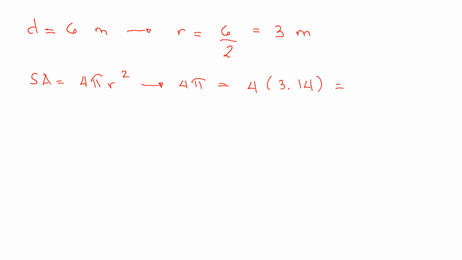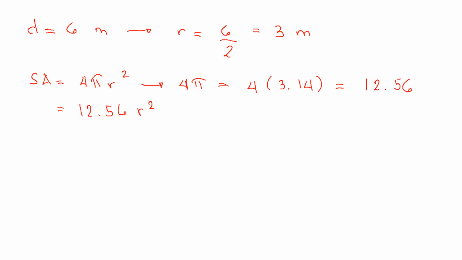So, ang sagot, kung tandaan nyo, is 12.56. Okay? So, therefore, instead of 4 pi r squared, pwede yung gamitin yung 12.56 r squared if the value of pi to be used ay 3.14.